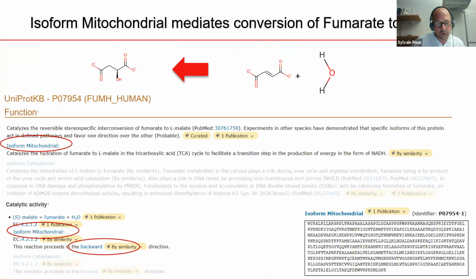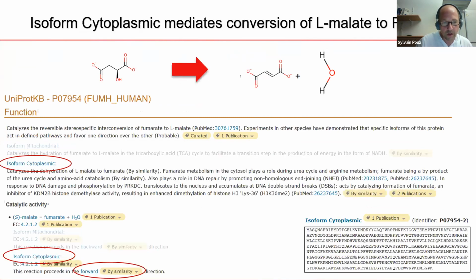We use the mitochondrial isoform identifier of fumarate hydratase to specify that this isoform proceeds the backward reaction and catalyzes the hydration of fumarate to malate. In contrast, the cytoplasmic isoform mediates the forward direction and catalyzes the dehydration of malate to fumarate.